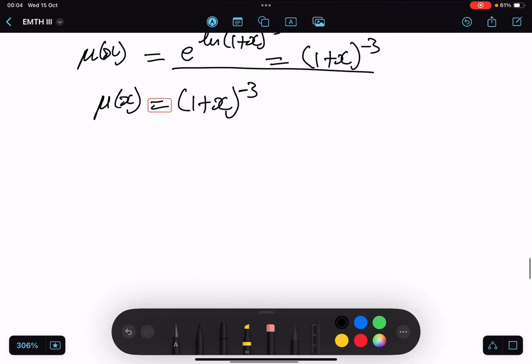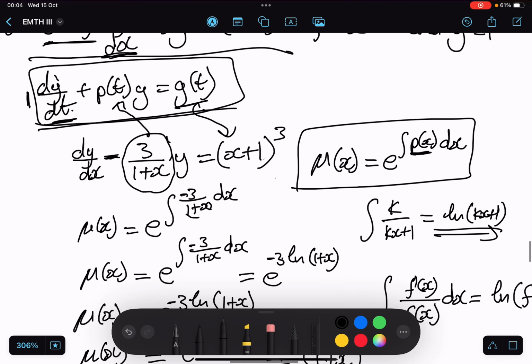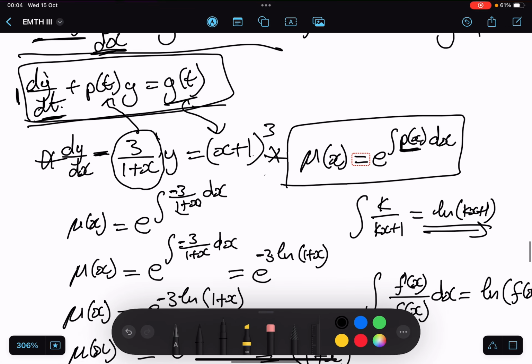Then we multiply this equation with the integrating factor.